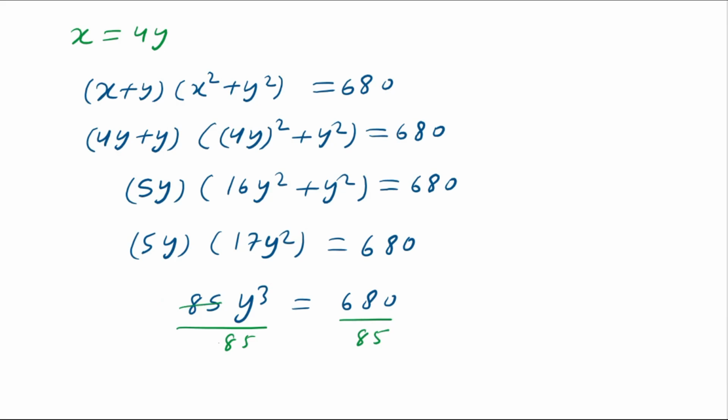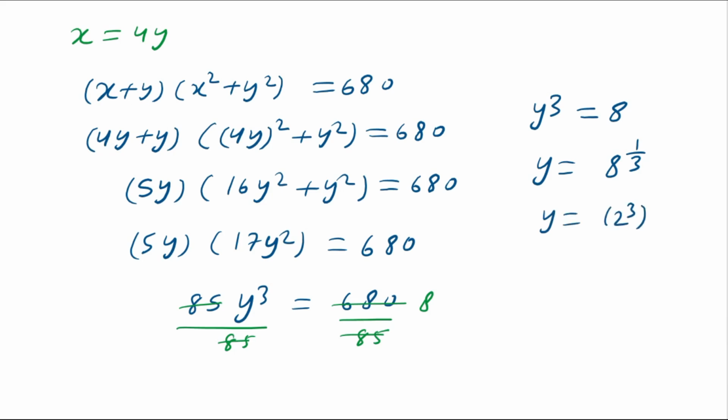Then this 85 and this 85 cancel out, and 680 divided by 85, you will get 8. Then the value of y cube is equal to 8. Here y is equal to 8 power 1 over 3. Then y is equal to (2 power 3) bracket power 1 over 3.